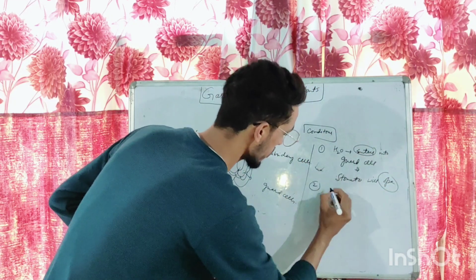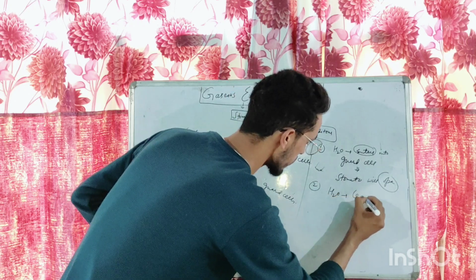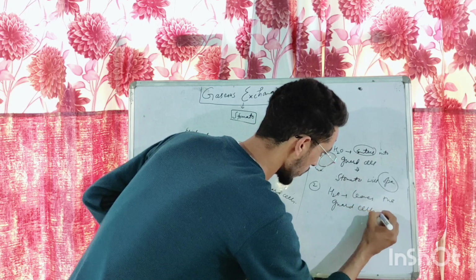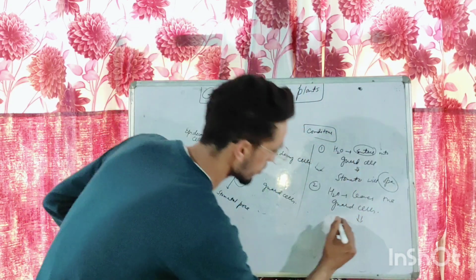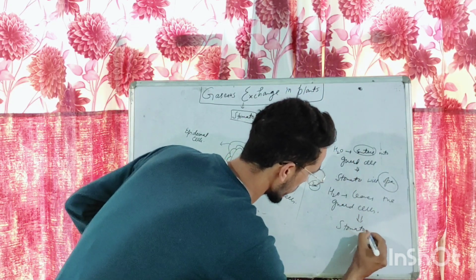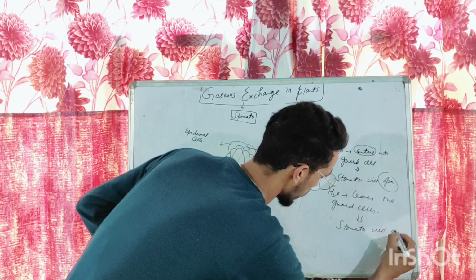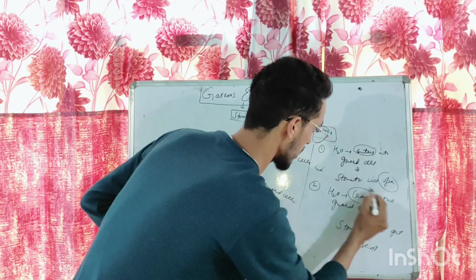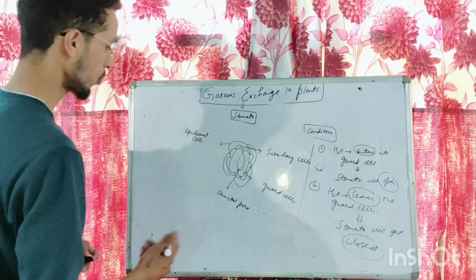The second condition is when water leaves the guard cells, the stomata will close. Another tricky thing: leave means close. The overall structure is like this.